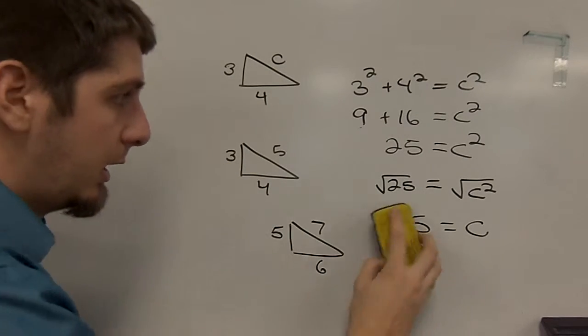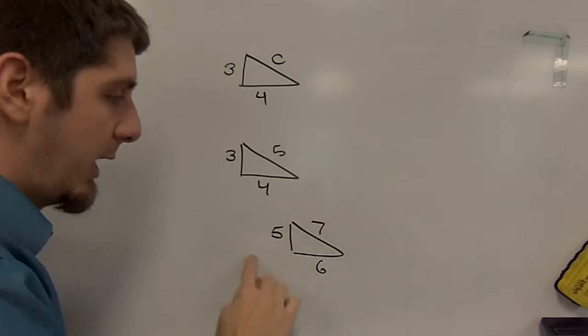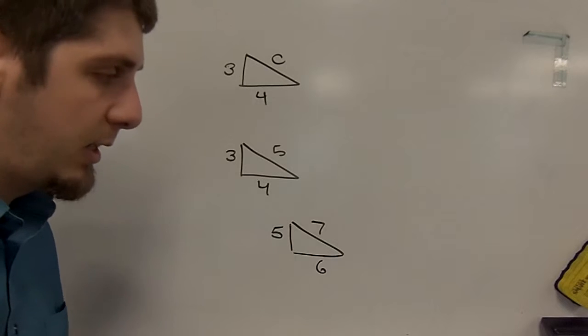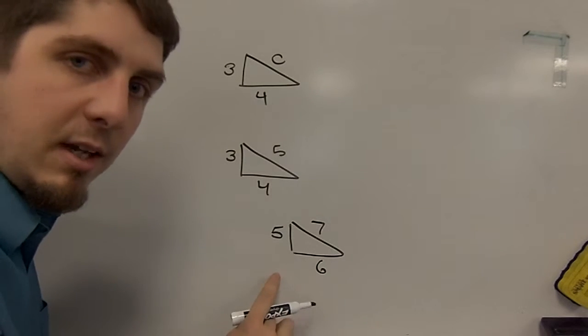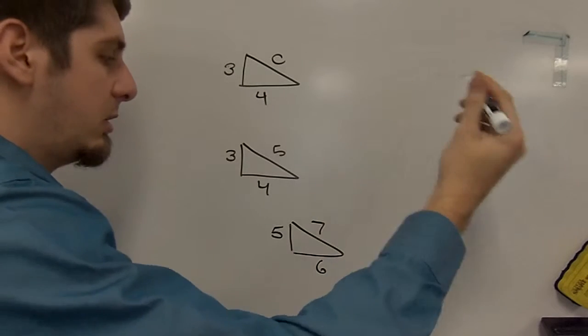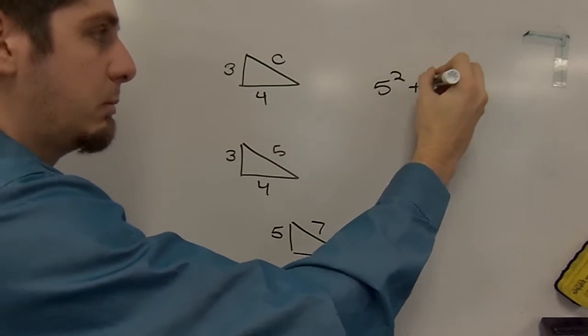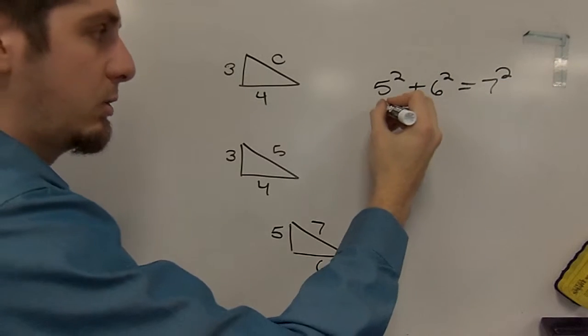If you take a look at this triangle and you want to test it out, this is what I was talking about earlier. If I want to test out, is this actually a right triangle? Are these side lengths they gave me accurate? Test it out. Plug these numbers in. 5 squared plus 6 squared. Does it equal 7 squared? Let's find out.